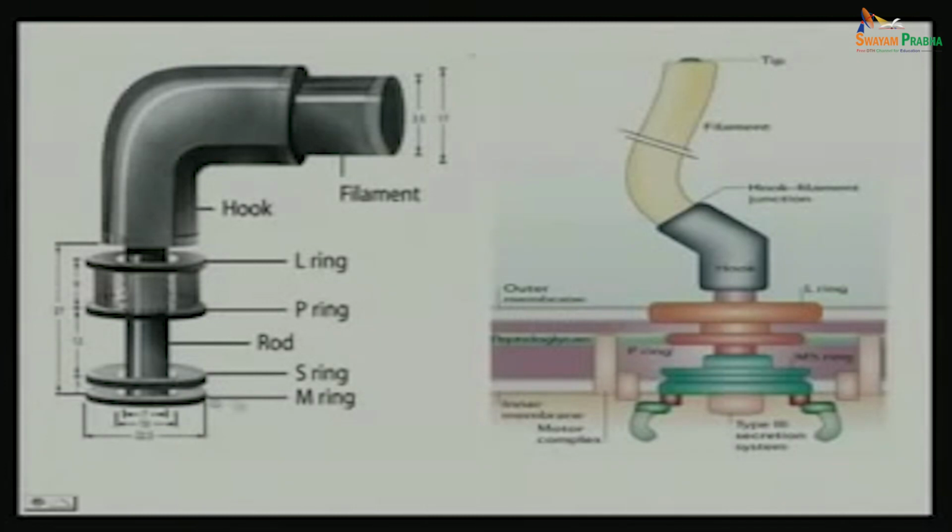This is the M ring, the part of this ring attached to the inner membrane of the cell, followed by the S ring, and the P ring and L ring are present on the outer membrane of the cell wall of this bacteria.